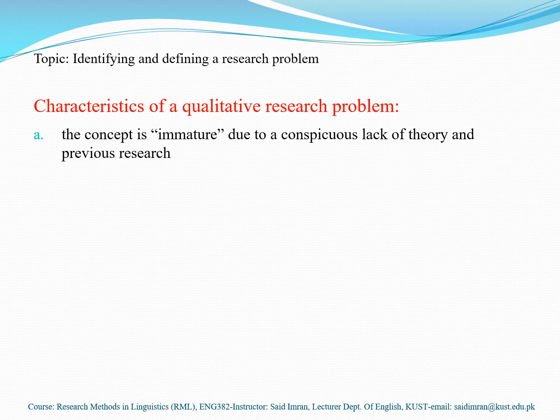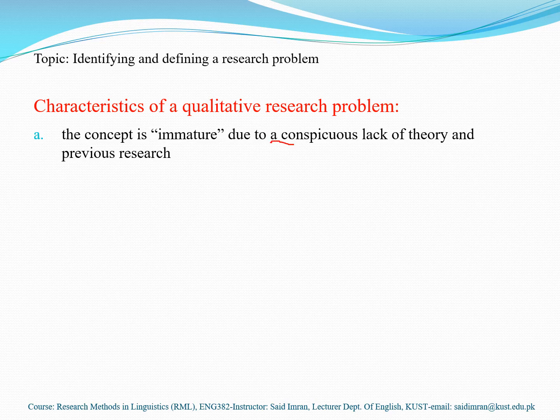When a notion or concept is not ripe enough, not mature, sufficient work has not been done, and it might be due to a conspicuous lack of theory in previous research because it has been neglected and there is no theory or no understanding available about it and no previous research has been done.